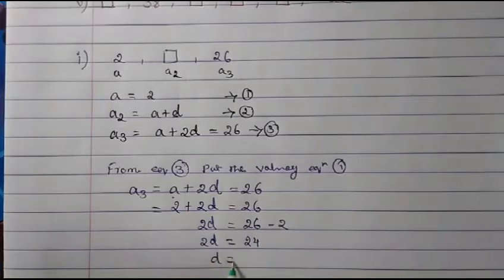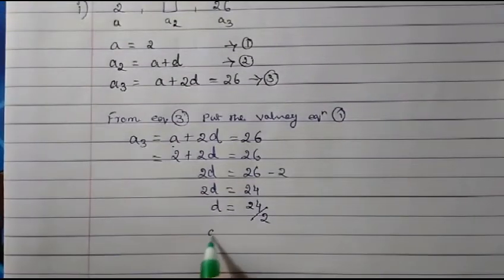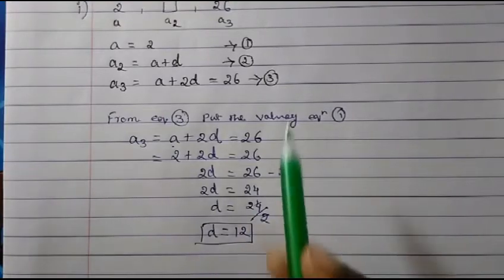Then D equals 24 divided by 2. Here it is in multiplication; when it comes to the other side, it becomes division. So when you divide, you get the D value 12, because 2 goes into 24 twelve times. Now we got the D value. Now put the D value in equation 2.